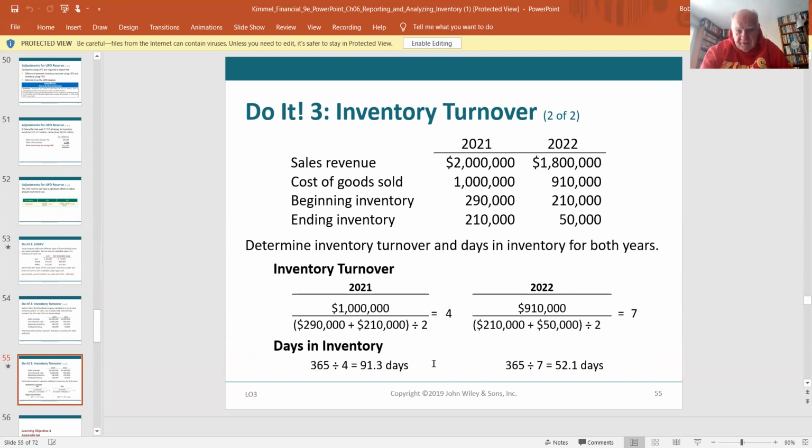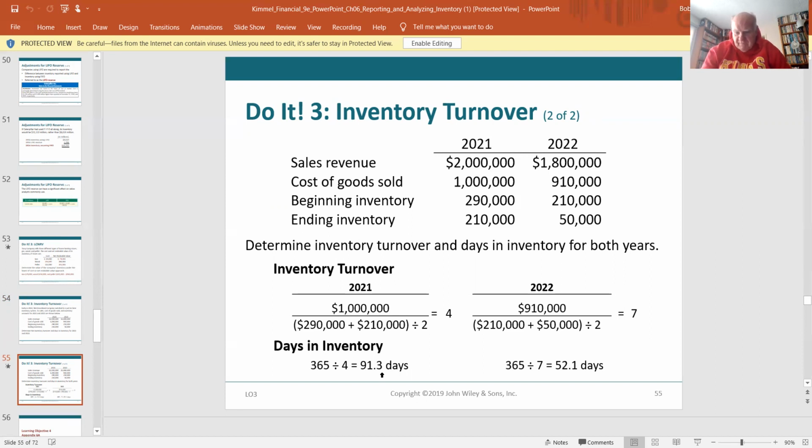What this tells us, in 2021, this company took 91 days. It took them 3 months to get their product from purchase to market. From the time they received the goods in the store till the time it left the store out to a customer, 91 days.